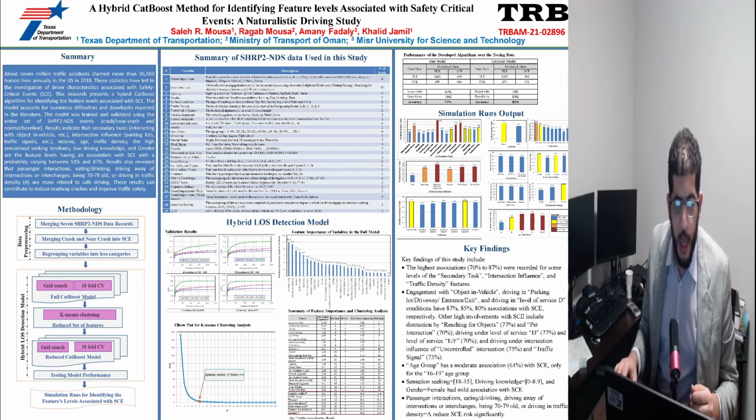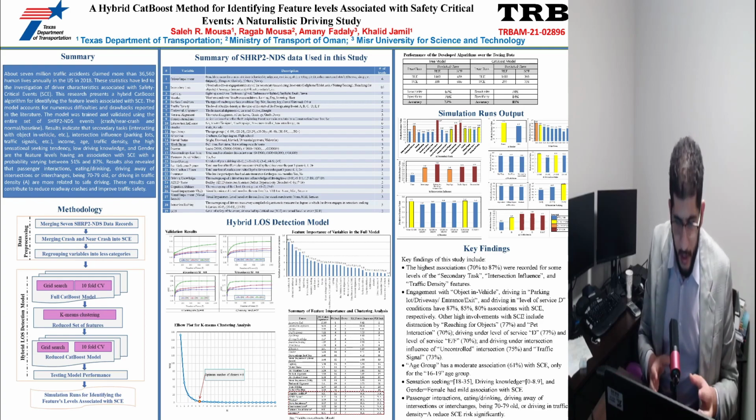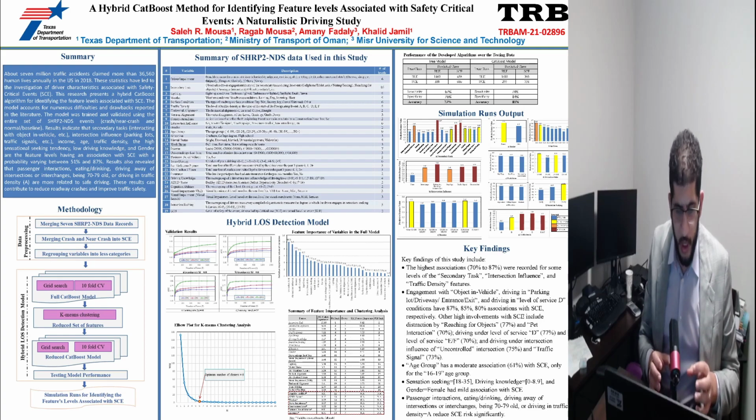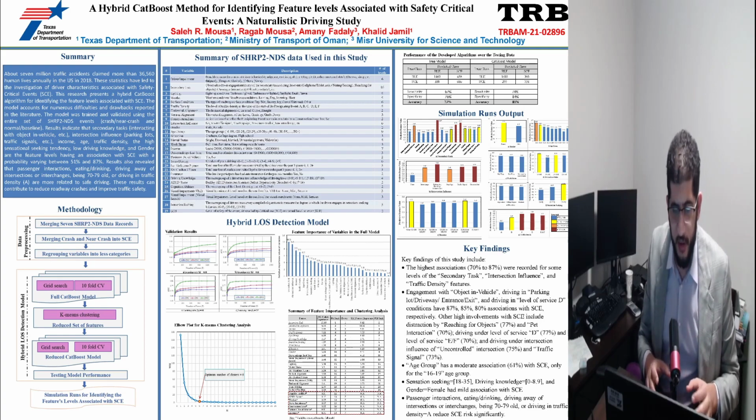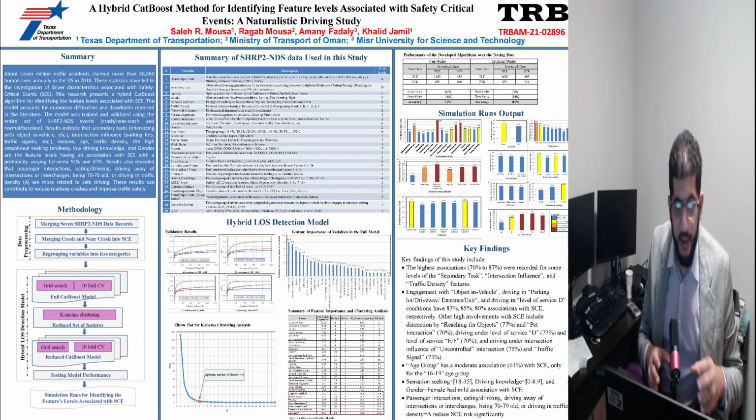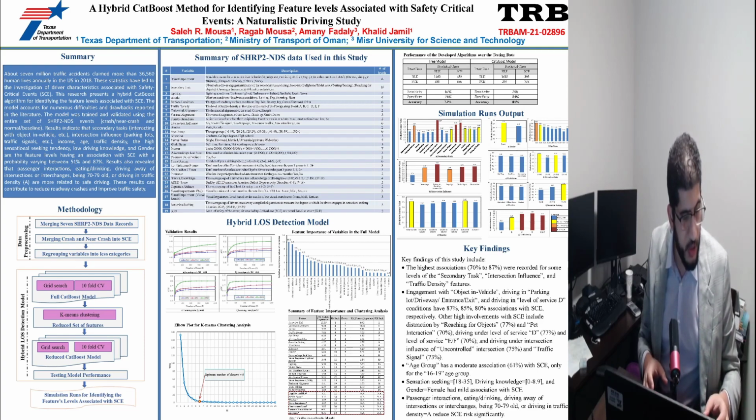Then we come to the last and most interesting part, which is simulation runs. And this is typically how we did it. For each variable in the study, we split the entire data set, training and testing, into categories, and these categories were based on the feature levels of this variable.